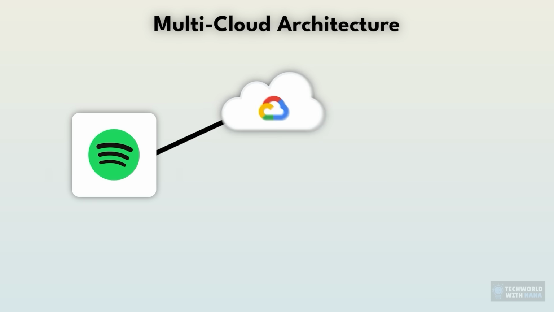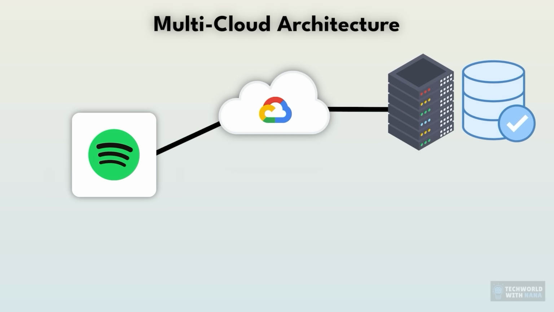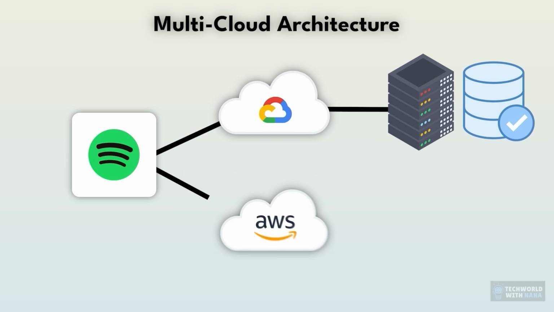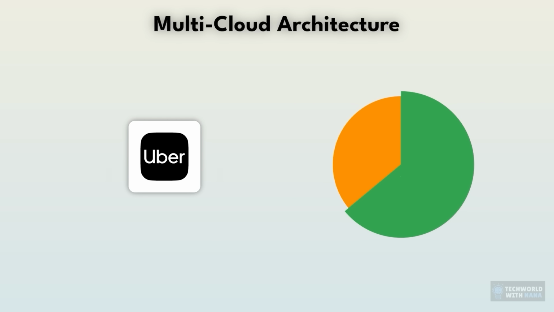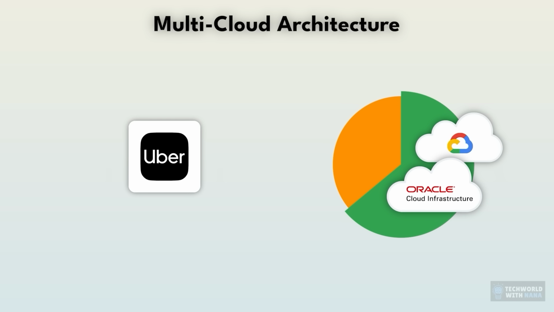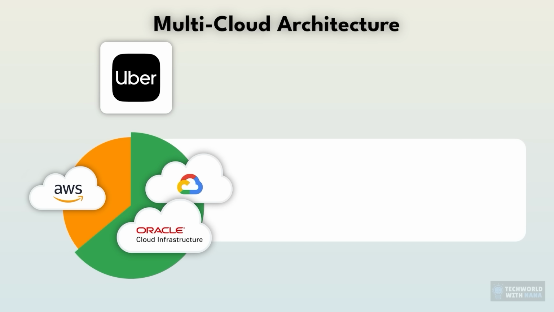Spotify uses Google Cloud as its primary cloud for backend and data infrastructure, but they also leverage AWS for specific services where AWS has better offerings. Uber is moving to a clear multi-cloud setup, running big workloads on Google Cloud and Oracle Cloud infrastructure, while also using AWS for some specific services to overall optimize for cost and performance in different regions.